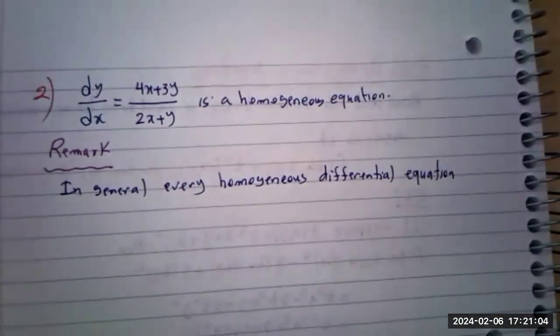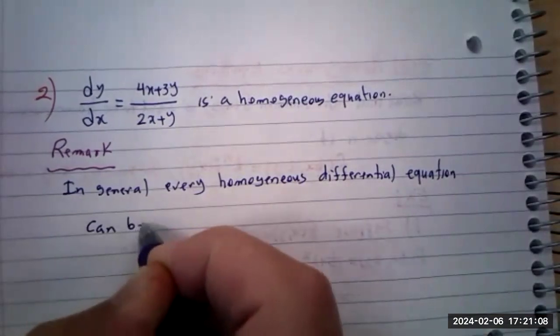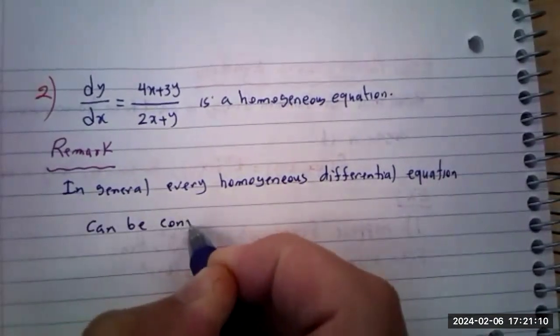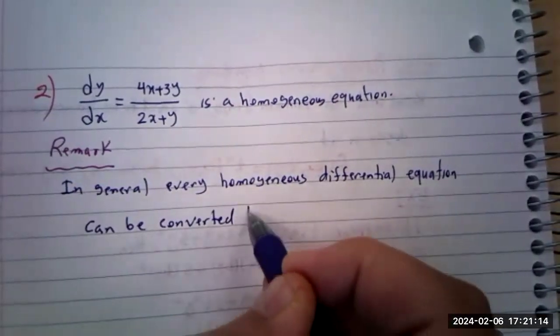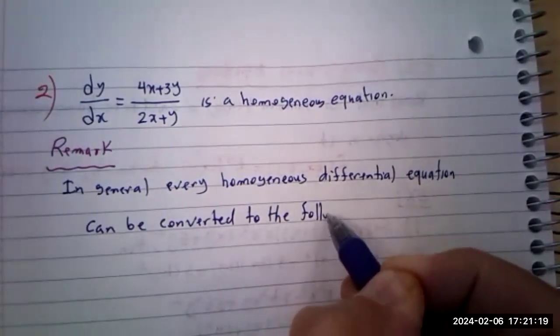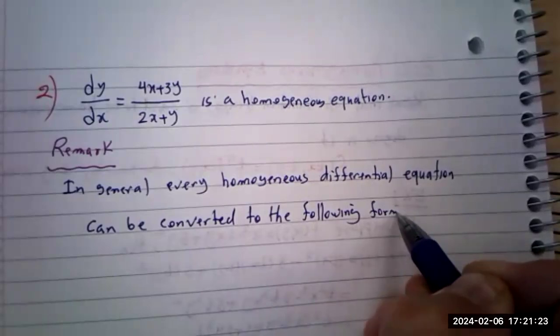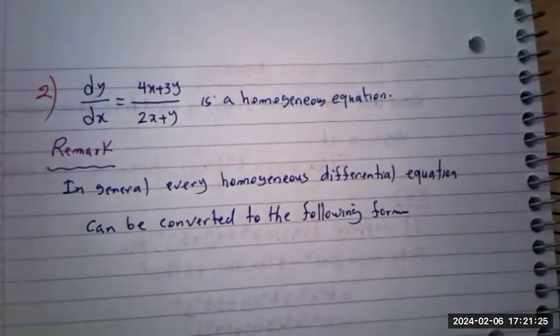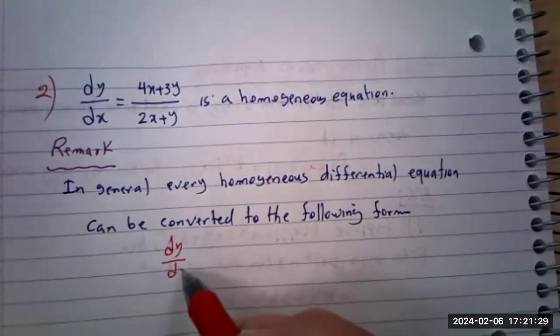Okay, a homogeneous differential equation can be converted to the following form. What's going to be the form? Have the dy/dx on one side.